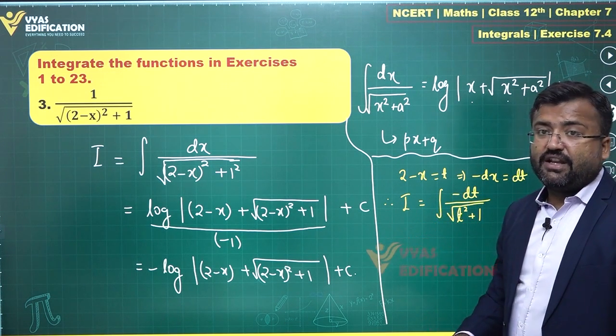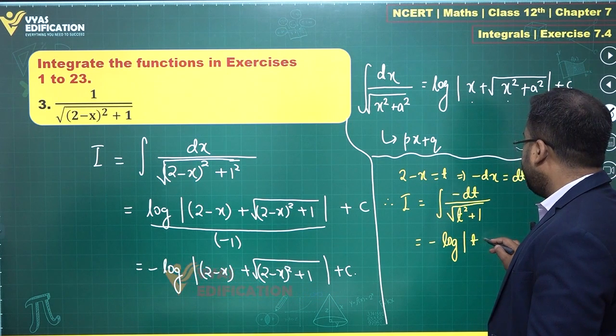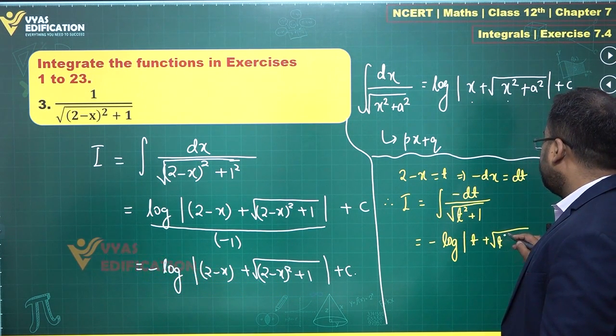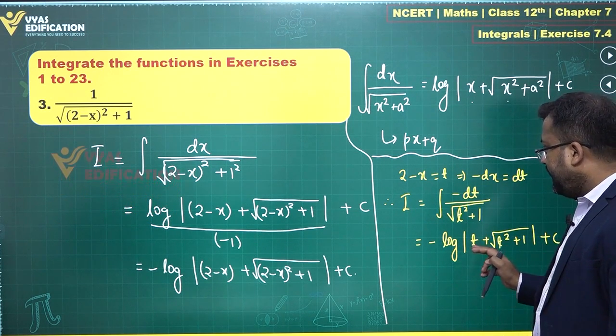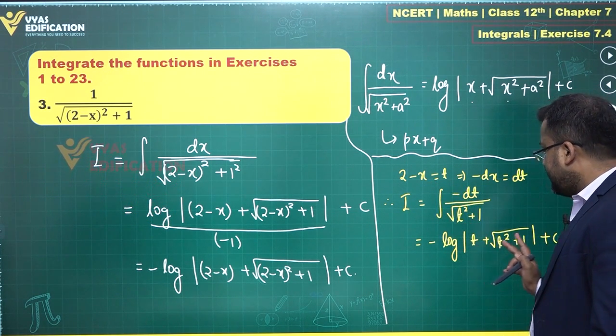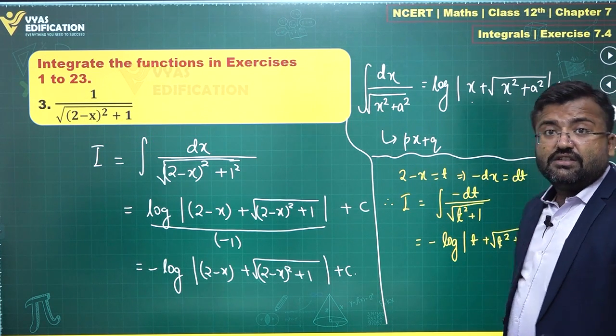At this stage they will apply the formula, giving you the same thing, log modulus t plus under root of t square plus 1 plus constant. This is what you get, right? And at the end you will substitute t is equal to 2 minus x, and you will get the same thing, right? This is the version. This is question number 3.